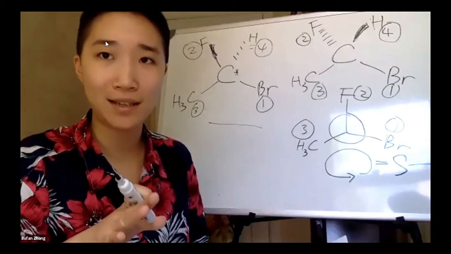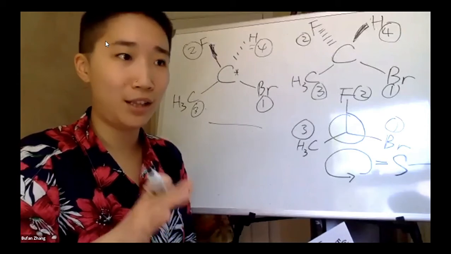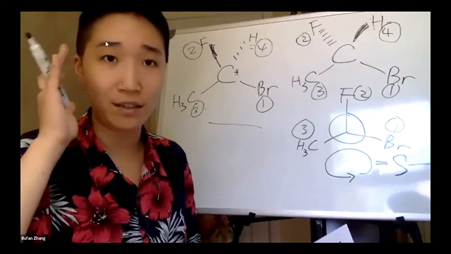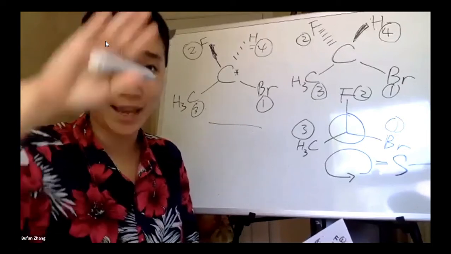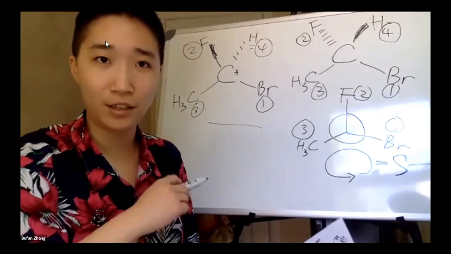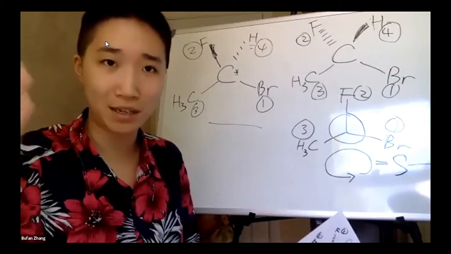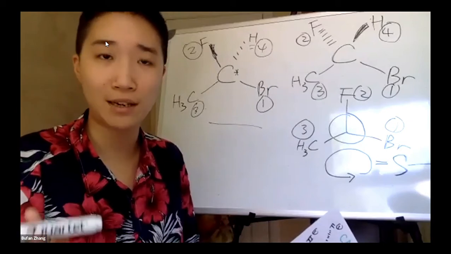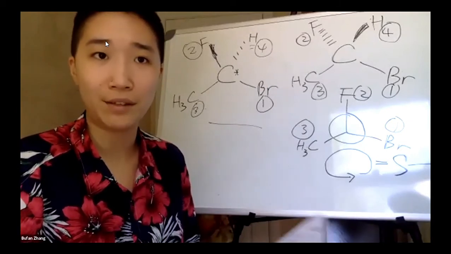We cannot use this technique when the lowest ranking molecule is pointing toward the back or in the plane of the board. Any questions so far? It's just a little trick to prevent you from having to rotate a molecule in your head. But if you want to rotate it, no problem. You can absolutely do that.